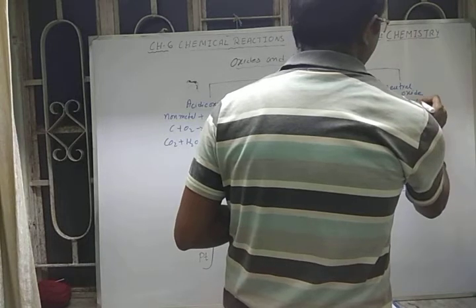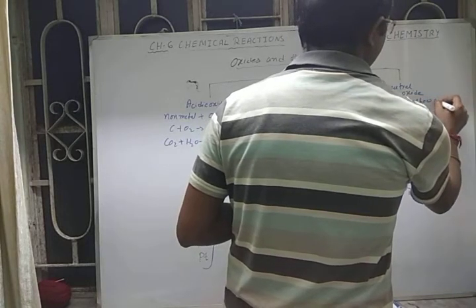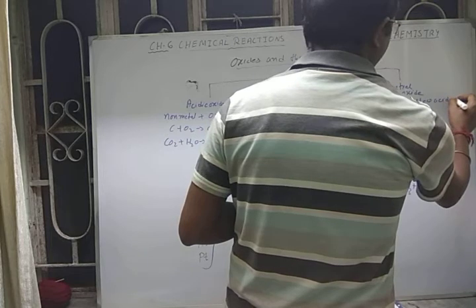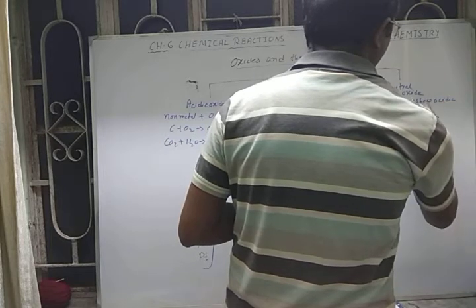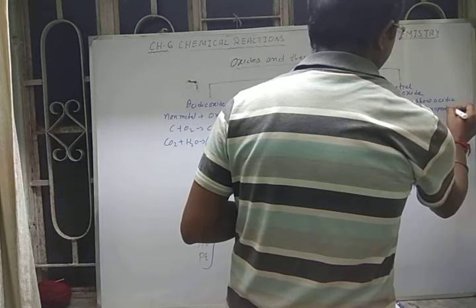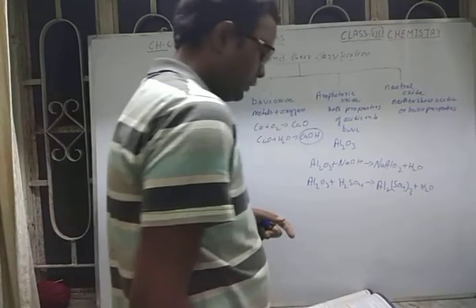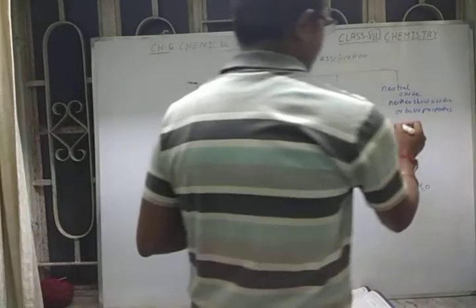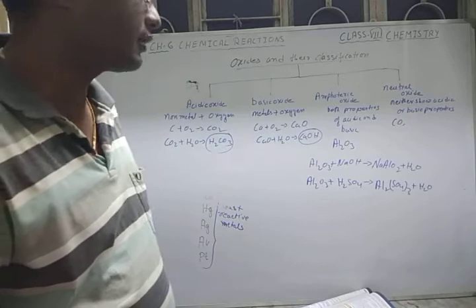So for example, carbon monoxide, CO, is an example of a neutral oxide.